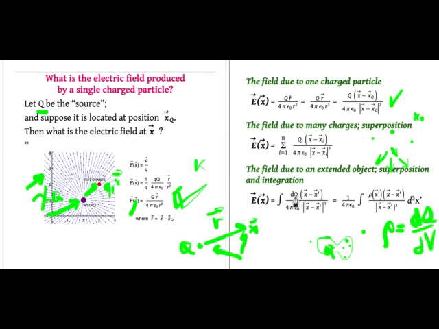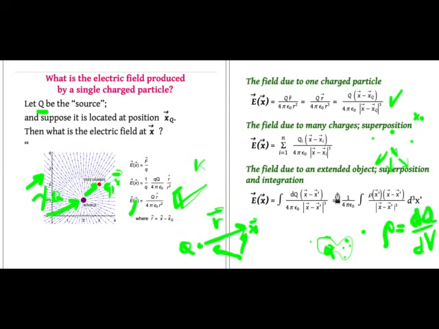So dq I can replace here by rho of x prime dV. dV will be d3x prime in Cartesian coordinates. So I have rho x minus x prime over x minus x prime cubed. Well, don't forget the constant, 1 over 4 pi epsilon 0, d3x prime.